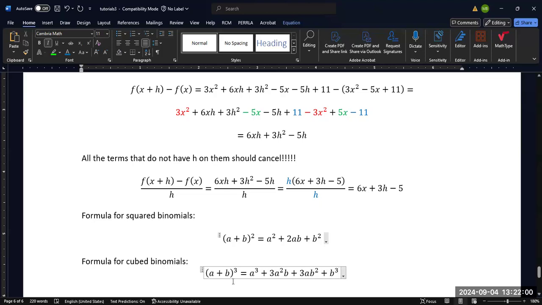If you have a minus, which you don't in these examples, but if you had a minus, it would be the odd b powers that would become negatives.